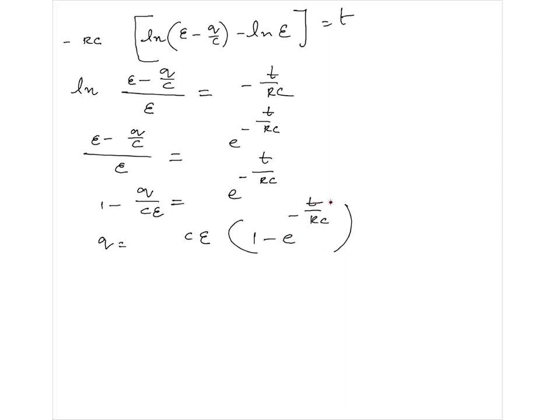And therefore, 1 minus that becomes larger and larger. And now C into E is a constant, multiplied by something which is becoming larger and larger. So obviously Q is becoming larger and larger.